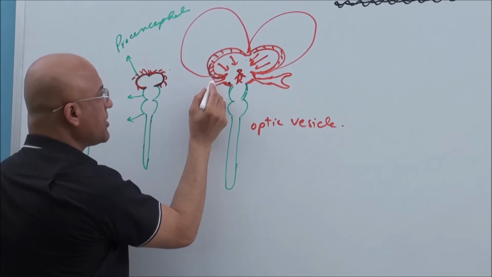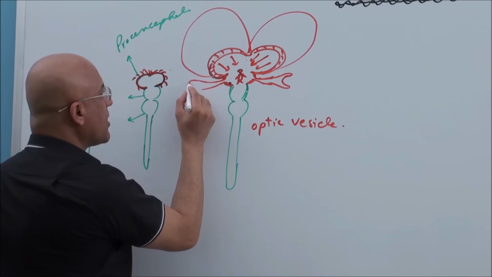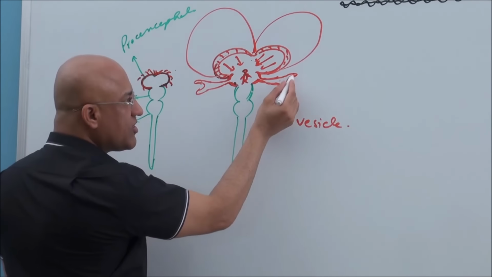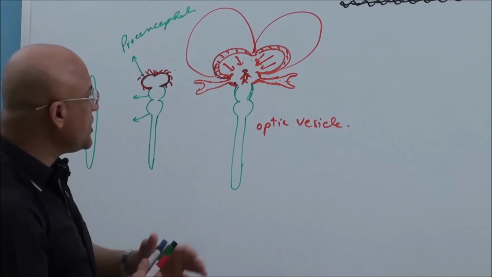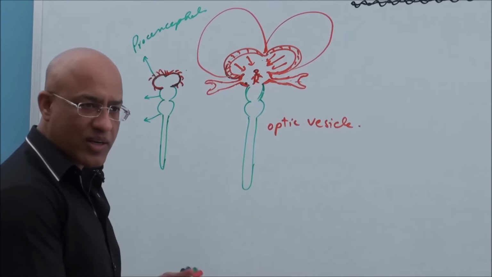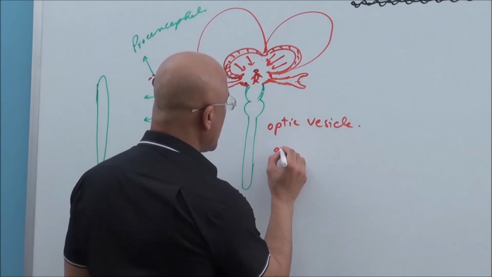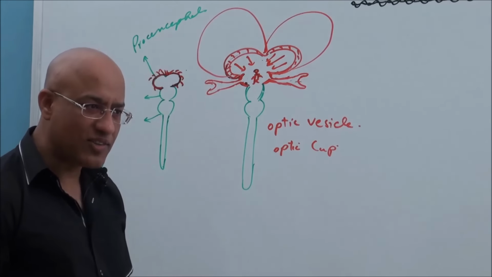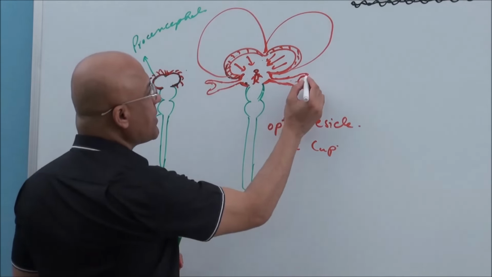And it also develops the other invagination. When this invagination develops, we say the optic vesicle has developed an optic cup. What is it? Optic cup. Is that right? Now you see, the optic cup has how many layers?